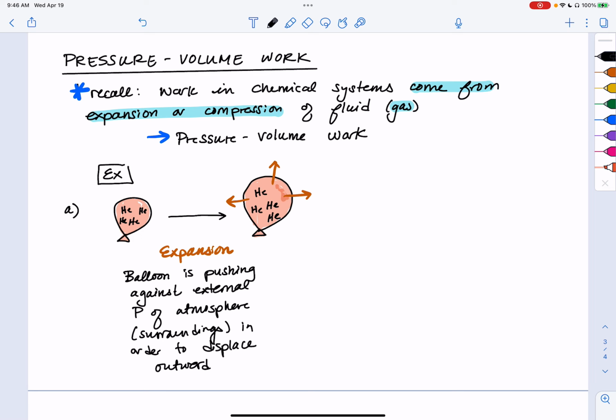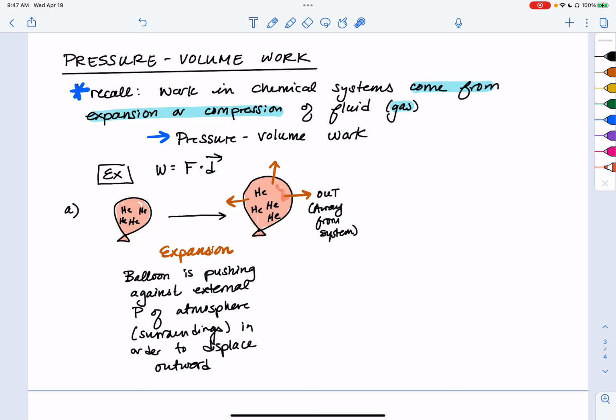If you remember, generally, work is force and displacement multiplied by one another. So we have to think about the direction of our displacement. Here, our displacement is outward as we are expanding, so we're moving away from our system. And the force that we are working with is going to be equal and opposite to the force that we're fighting against in order for this expansion to happen.